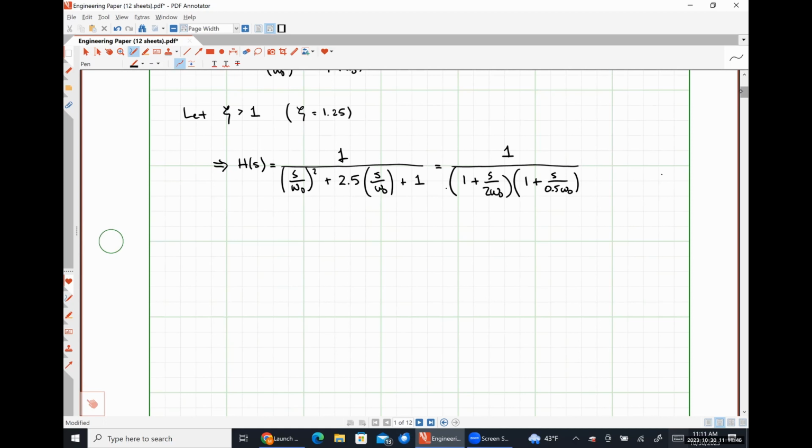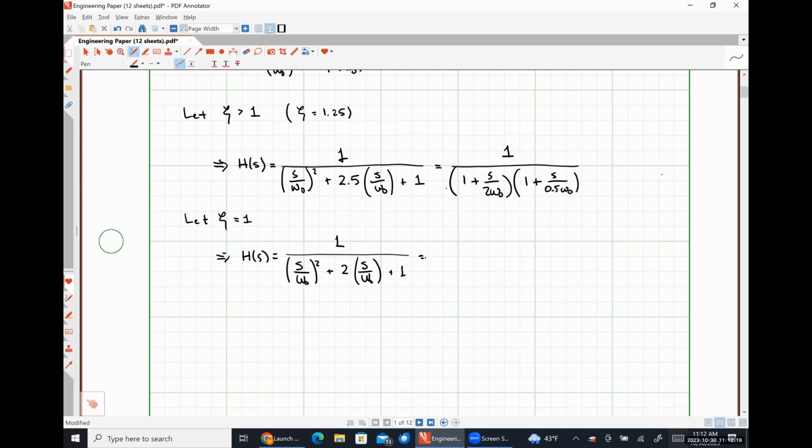So now let's look at what happens when zeta is exactly equal to 1. Right? So what does our transfer function look like? Well, now we're going to have s over omega naught squared plus 2 times s over omega naught plus 1.